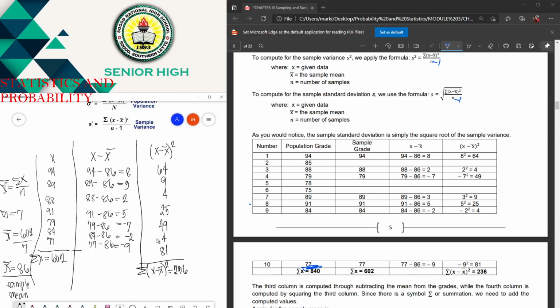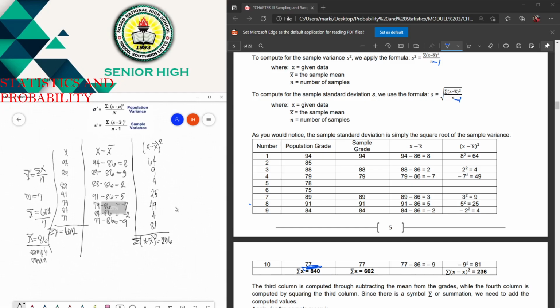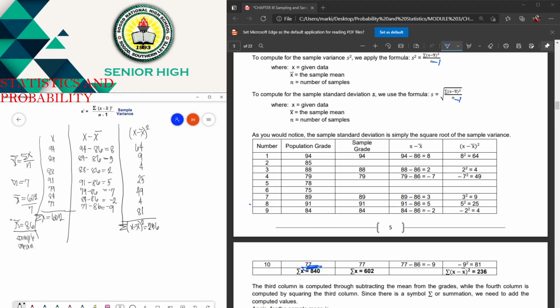So, by this, pwede na natin tong isolve. So, we have now s squared is equal to summation of this one, which is 236 over small n, which is 7 minus 1. So, that is 236 over 6, divided by 6. 39.33.